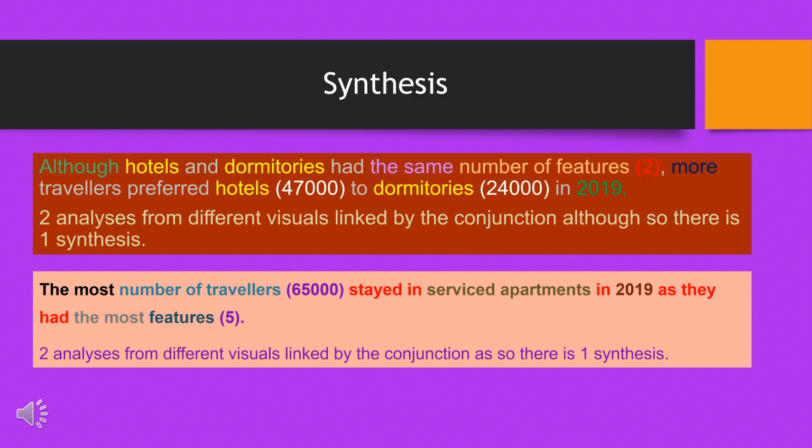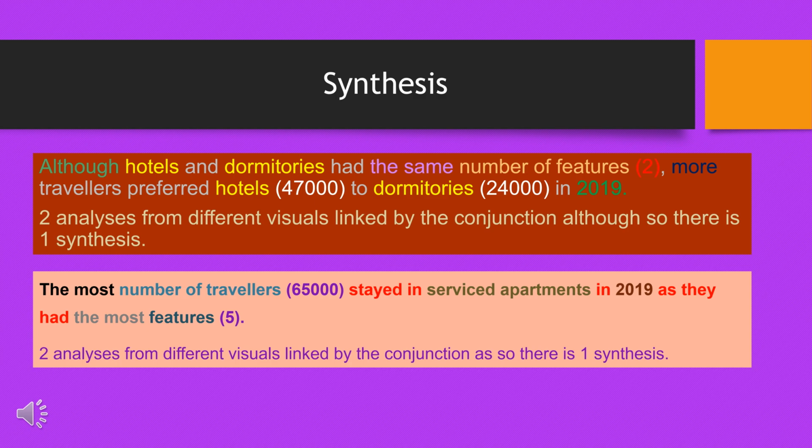The next sentence is: the most number of travelers, 65,000, stayed in service apartments in 2019 as they had the most features, 5. So you have two analyses, because if you break down the sentence, there are two parts. In the first part, the most is the trend, number of travelers is the source of reference, 65,000 is the data, service apartments is the key feature, and 2019 is again the time frame.